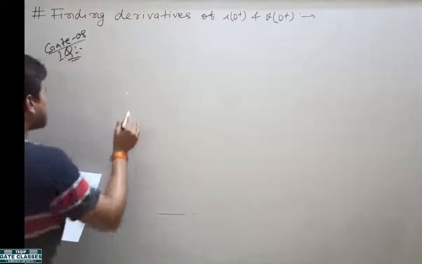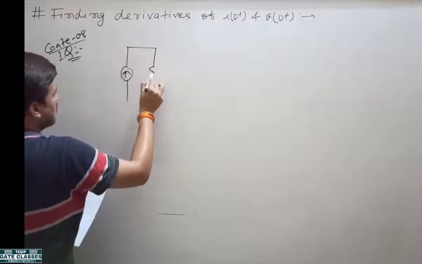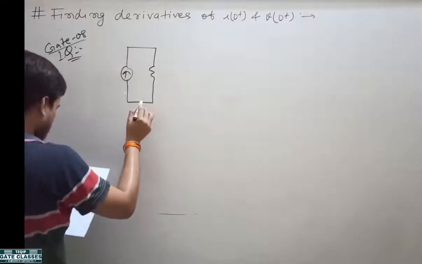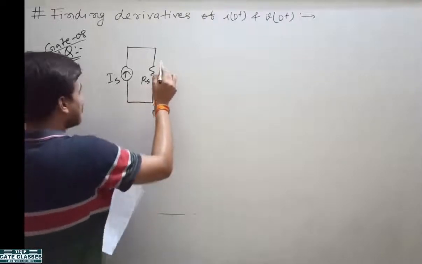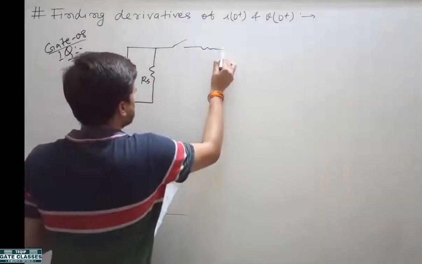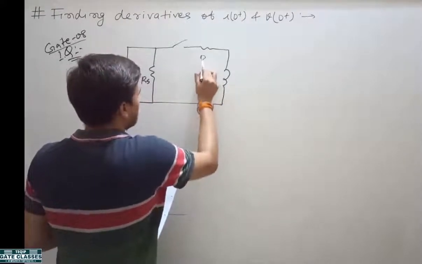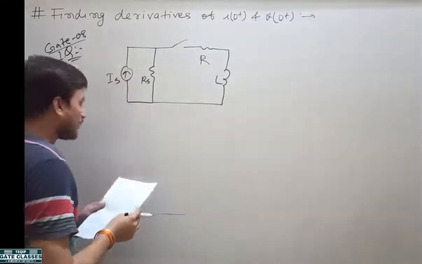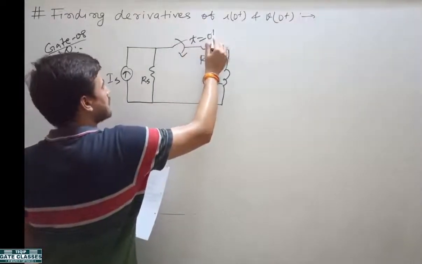A circuit is given. This is current Is. This is resistance Rs. Now you have a switch in the circuit. You have R and L. They are saying this switch has been closed at t equal to 0 plus.